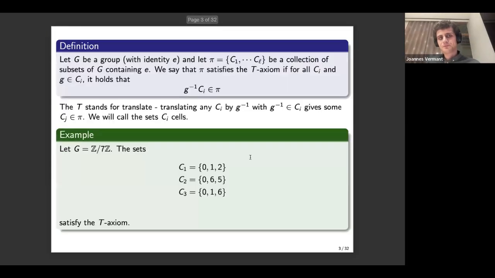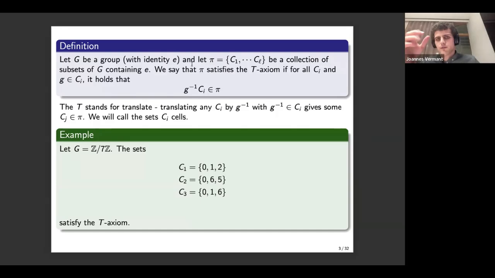So first I need to define a certain property, which we call the T axiom. If we have a group G, and I will always denote the identity by e, unless for specific groups, or maybe I will write 0.